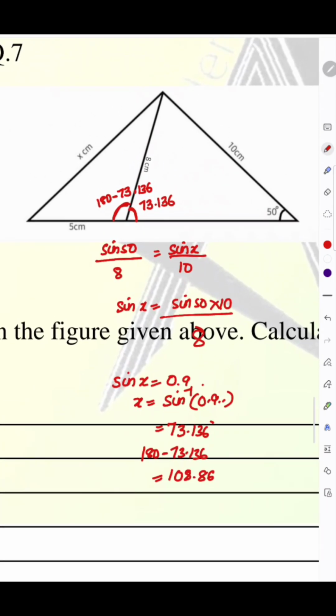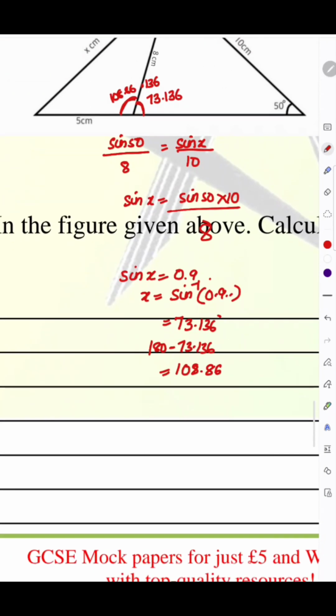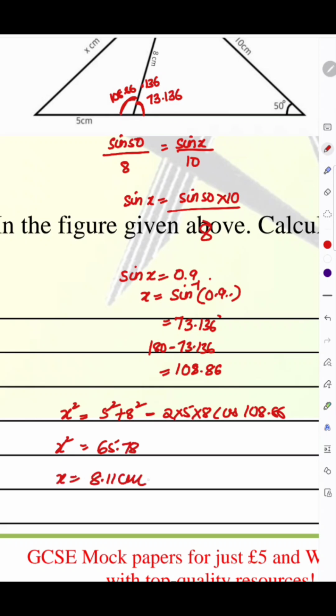Now, once we have this angle, which is 108.86, it's very easy to calculate x, which is x squared equals the sum of squares of the other 2 sides minus 2 times 5 times 8 cos of 108.86, which will give you x squared as 65.78, and on taking root we'll get 8.11 centimeters.